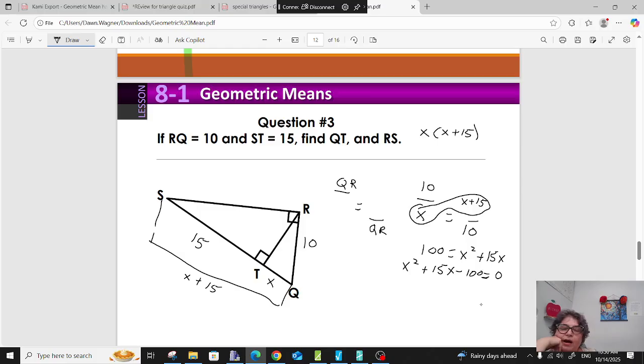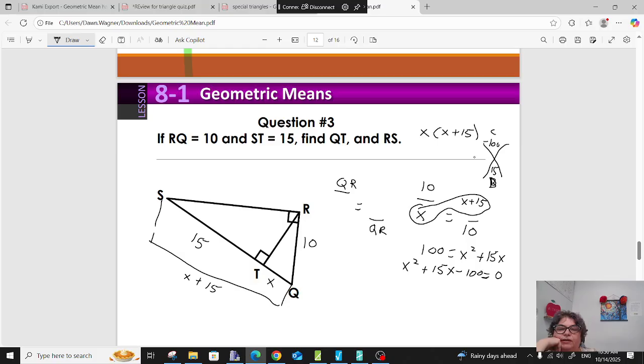Which would you rather do, factoring or quadratic formula? Factoring. I need two numbers that multiply together to equal negative 100, and when you add them together, they equal 15. So what is it going to be? This is ceiling, this is basement, negative 100. This is 15.